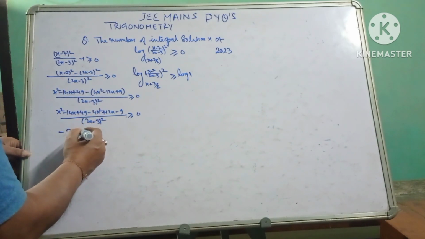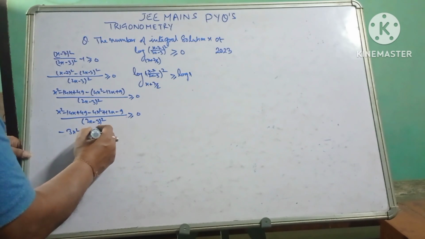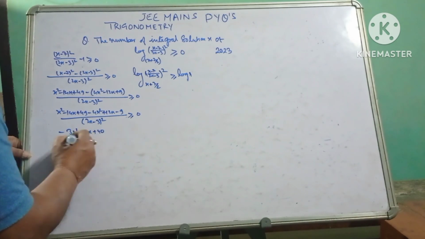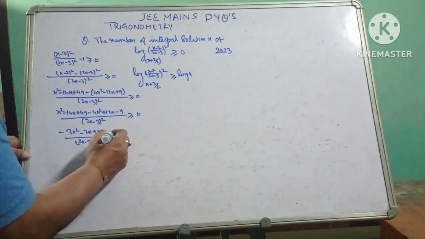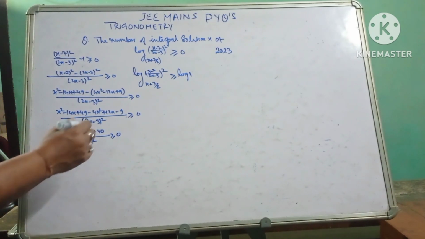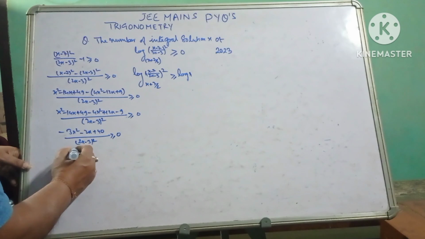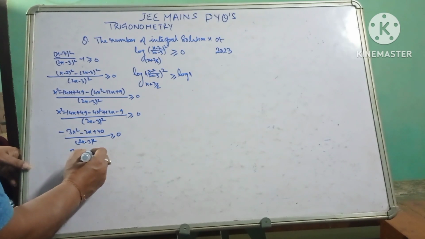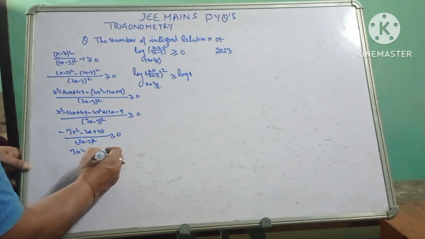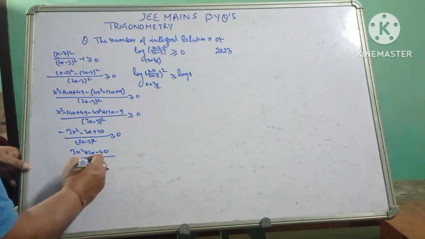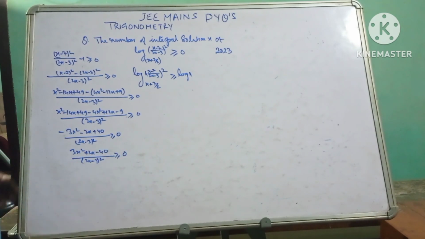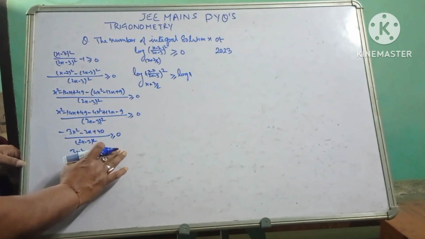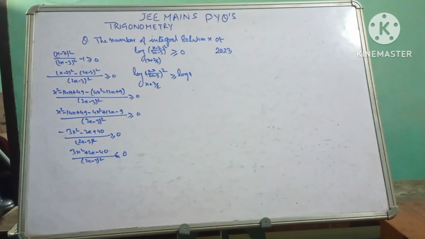So this comes out to be minus 3x square minus 2x plus 40 over (2x minus 3) the whole square greater than or equal to 0. If you multiply by minus, the sign changes. 3x square plus 2x minus 40 over (2x minus 3) the whole square, oh sorry, less than or equal to 0, because I have multiplied by minus.